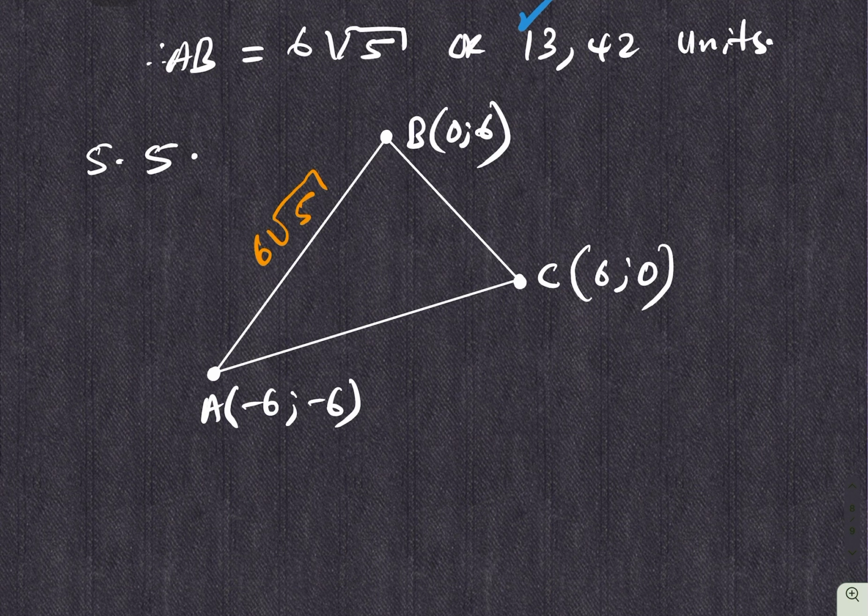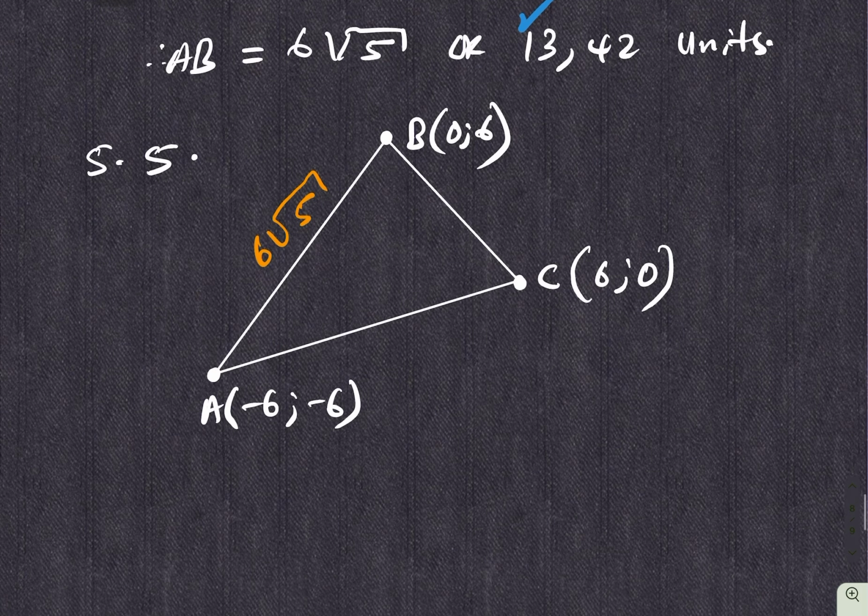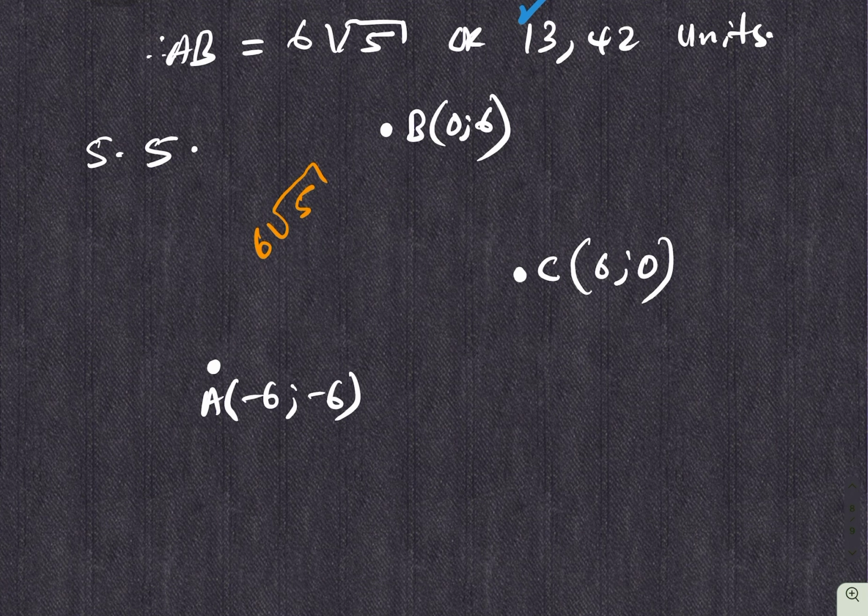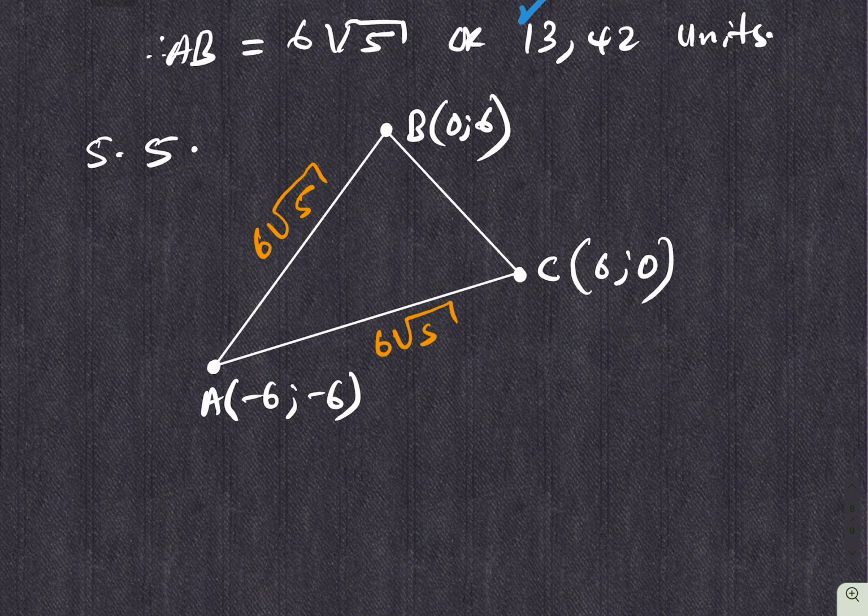It's going to be the square root of 12 squared plus 6 squared, that is 144 plus 36, which is 180, the same as we got previously. Here it is 6 square root of 5.